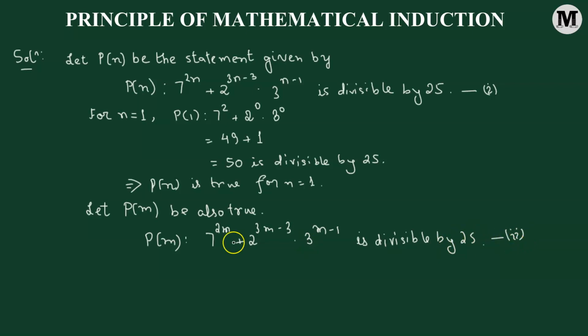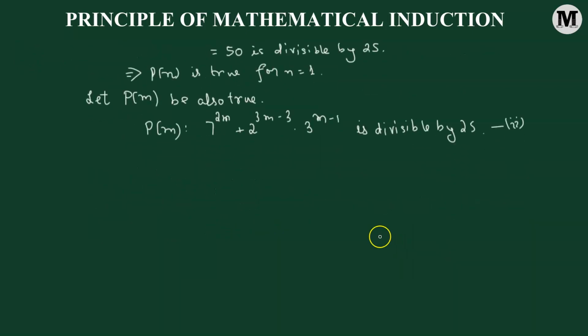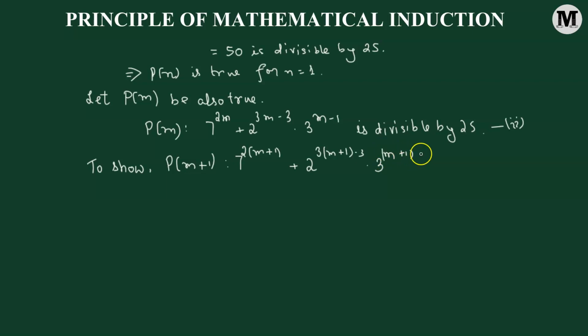So here we are starting with the assumption that P of m is true. And using this statement, we will need to show that if P of m is true, then P of m plus 1, where m plus 1 corresponds to the next consecutive natural number after m, is true. So our statement becomes 7 raised to the power of 2 times m plus 1 plus 2 raised to the power of 3 times m plus 1 minus 3 multiplied by 3 raised to the power of m plus 1 minus 1.